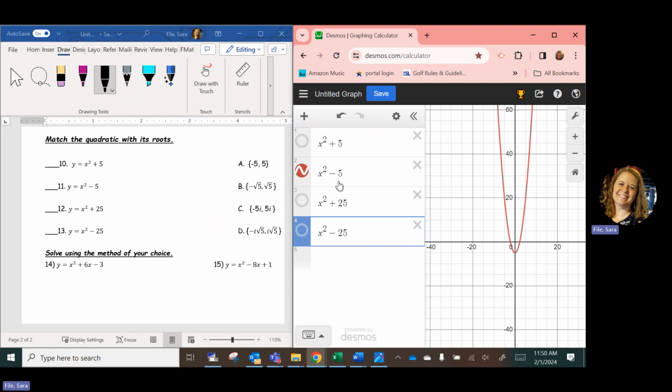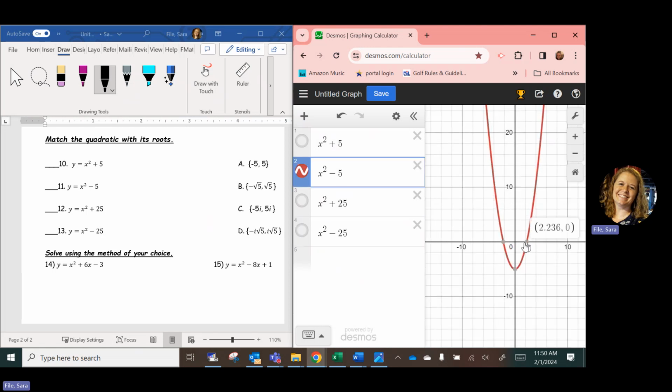Let's check x squared minus 5. That one crosses at 2.236 and negative 2.236. Now, that's definitely not negative 5 and positive 5, and it's definitely not imaginary. So I don't know what that is as an exact value, but just based on process of elimination, it's not imaginary and it's not 5.